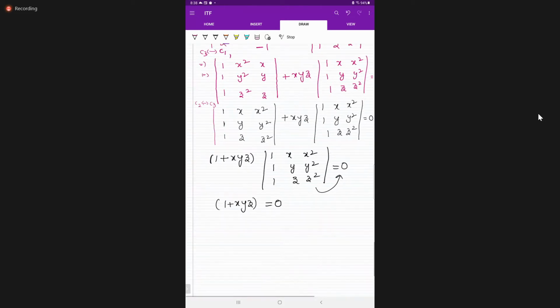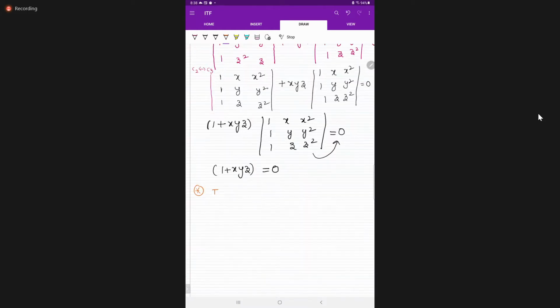Next problem, students. If det of lambda square plus 3 lambda, lambda minus 1, lambda plus 3, lambda plus 1, 2 minus lambda, lambda minus 4, lambda minus 3, lambda plus 4, 3 lambda, is equal to p lambda power 4 plus q lambda cube plus r lambda square plus s lambda plus t, then t is equal to.